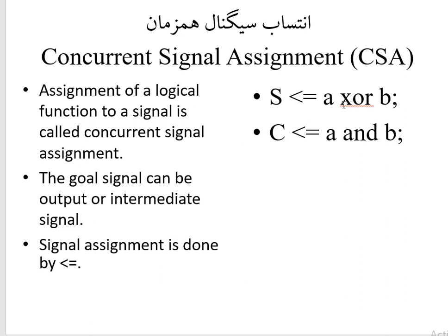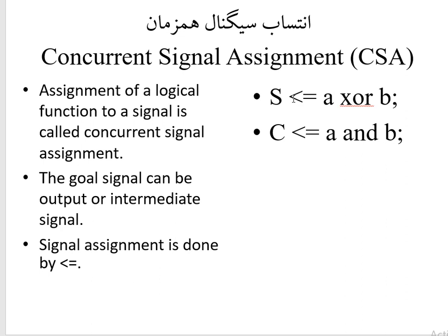The right part, we write the function, and the left part, we have the goal signal, for example, the output signal. And here we have the assignment symbol, because really we don't have equality. Here we have assignment. We assign a function to the signal.